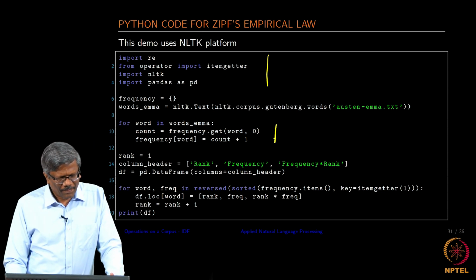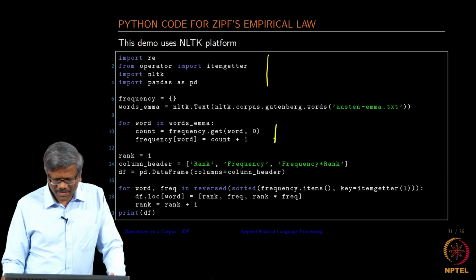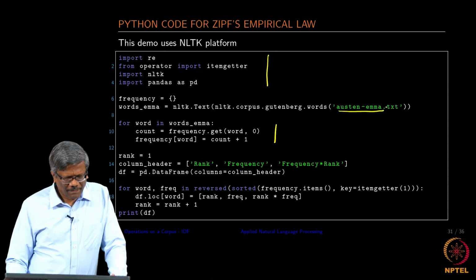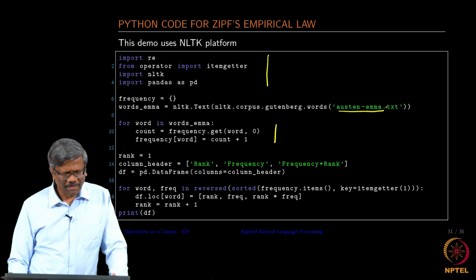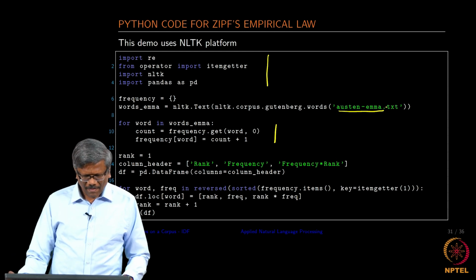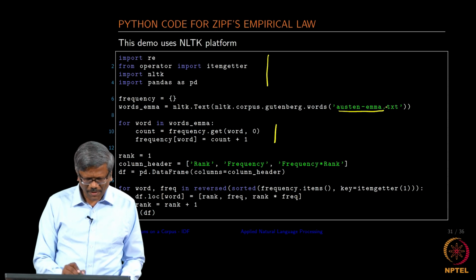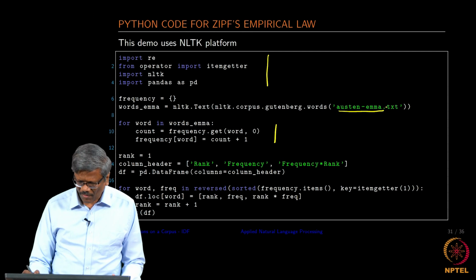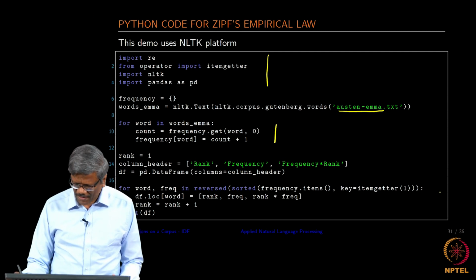Okay. After collecting all the terms from the corpus, we are going to find the frequency for every word. The frequency for every word is counted using this, and then the ranks are found using the second one, right.